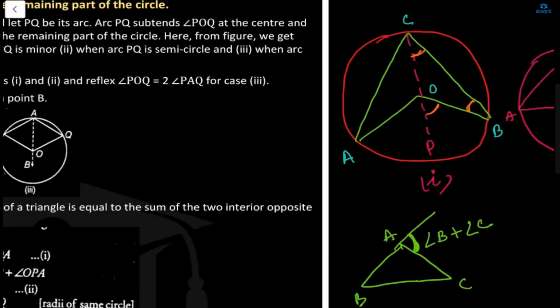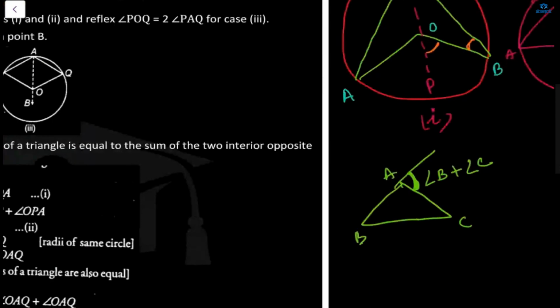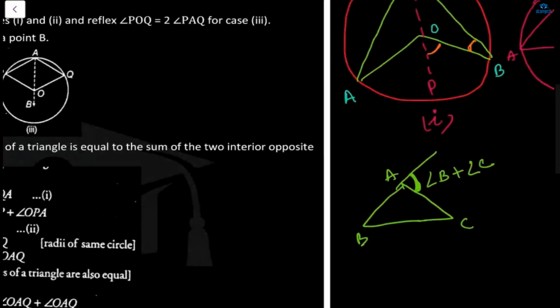In a triangle, if you extend any side, the exterior angle is equal to the sum of the two interior opposite angles.